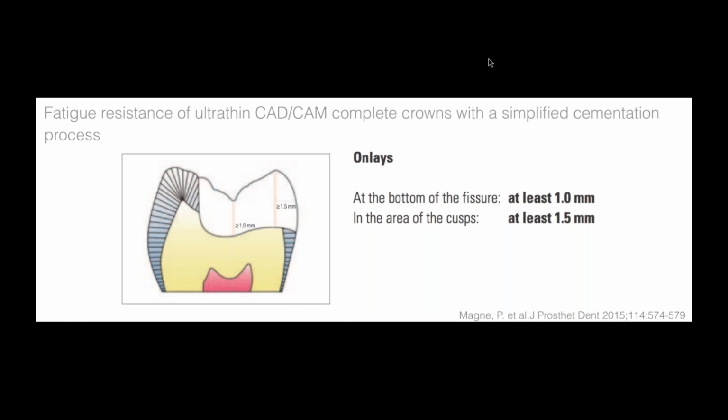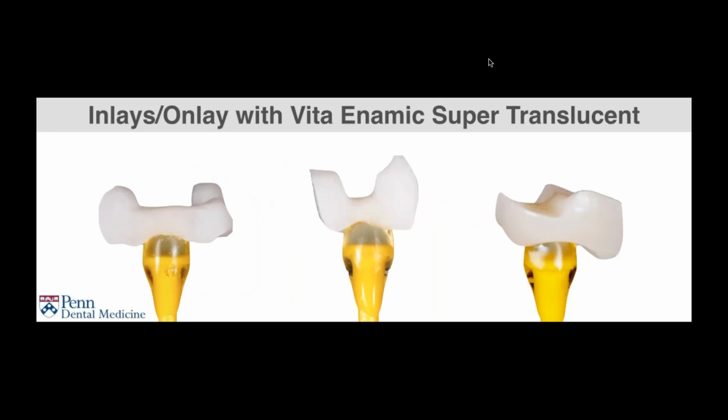So always keep 1.5 in the area of the cuspids when you want to use this type of hybrid ceramic, and you can see the milling is flawless. I really like to use this for inlays, for inlay onlay, for partial coverage restoration. As we all know, it's not so easy to obtain a passive fit in this type of more intracoronal restoration.